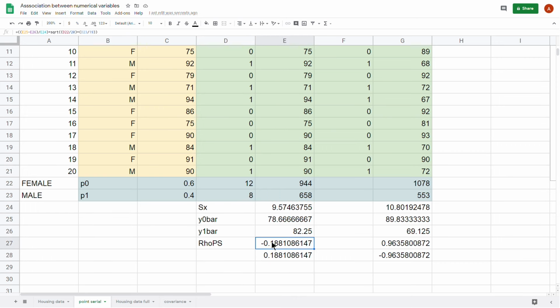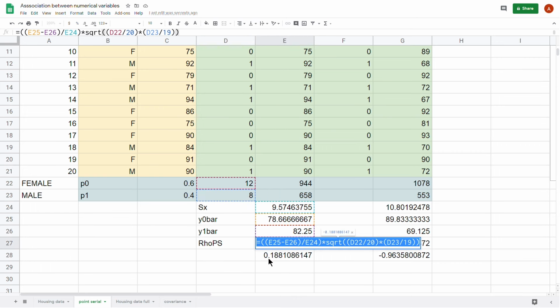Now, you can see that the point biserial, which was earlier 0.188, is now minus 0.188. So, depending on what your coding is, you are going to get this point biserial correlation coefficient. That is the key difference I wanted you to observe compared to numerical data, where I have a strong positive or a strong negative.